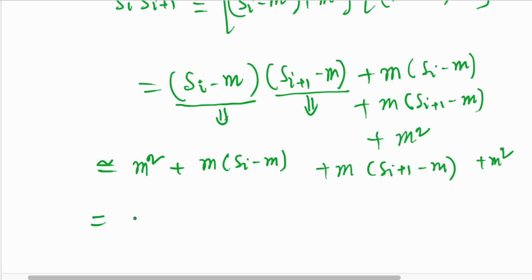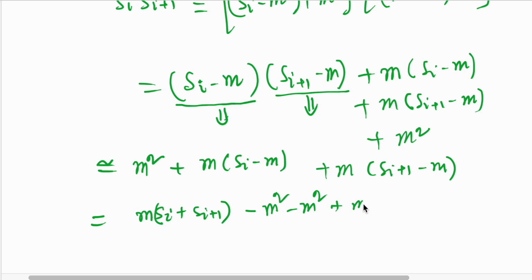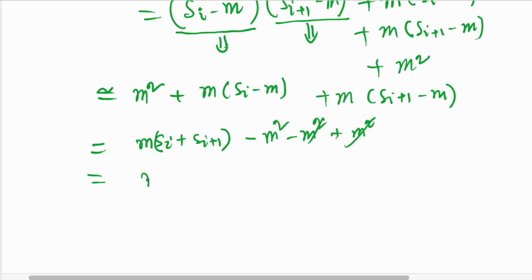So this is M square I have kept in the first term. Now if I open these terms, it will be M Si plus Si plus 1, minus M square, plus M square, so that will cancel. That means M Si plus 1.